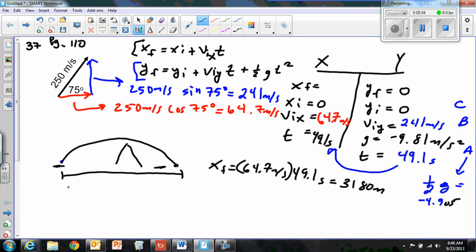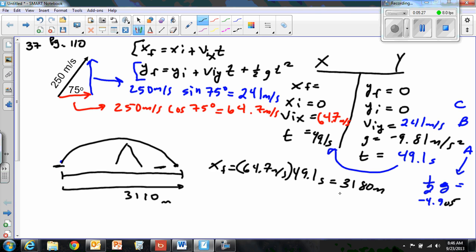Well, the number they give us here, we have to add those numbers together. There's 2500 plus 610, so the actual number here is 3110 meters.